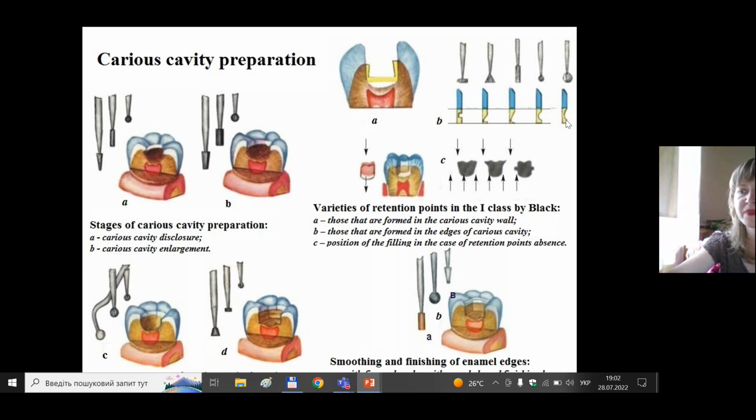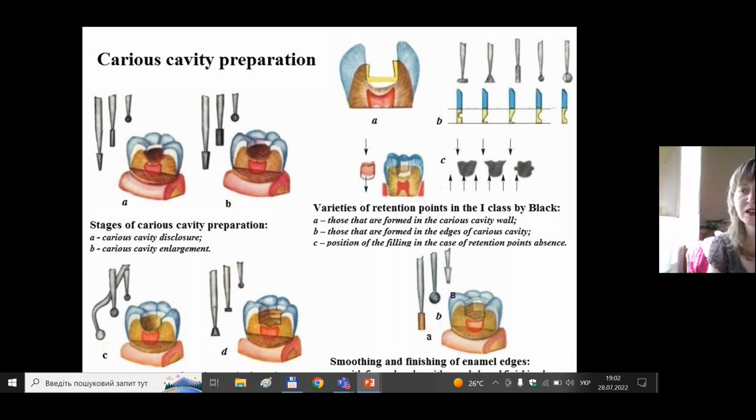And actually, these are varieties of retention points for second-class cavities and for the first-class cavities. In the era of Black, restorative materials did not possess any adhesive properties. At his era, only cements were available, and cements do not have any chemical adhesion, except mechanical adhesion.